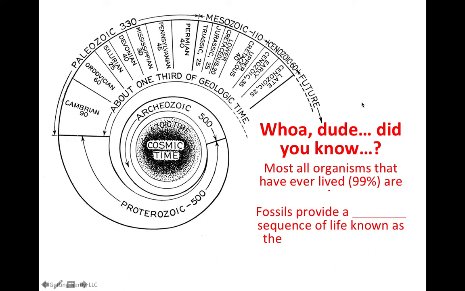All right, now the second one says, whoa, dude, did you know? Check that out. Of all the organisms that have ever lived, 99% of them are extinct. Mind blown, right? Fossils provide a historical sequence of life known as the geological timescale.